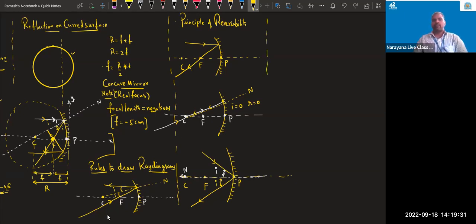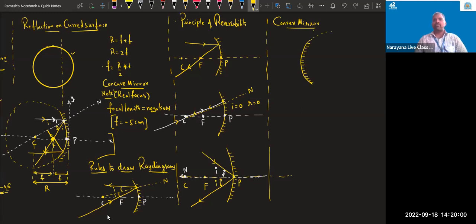Similarly, let us look at the convex mirror. You take any segment of the sphere. Now this inner surface is painted with ferric oxide, so the outer surface acts like a mirror.